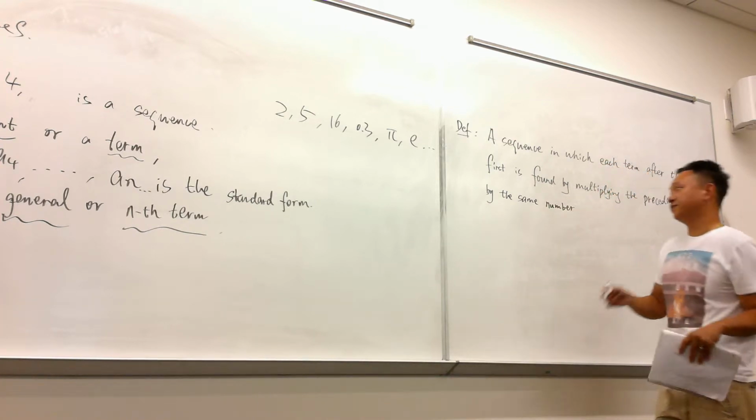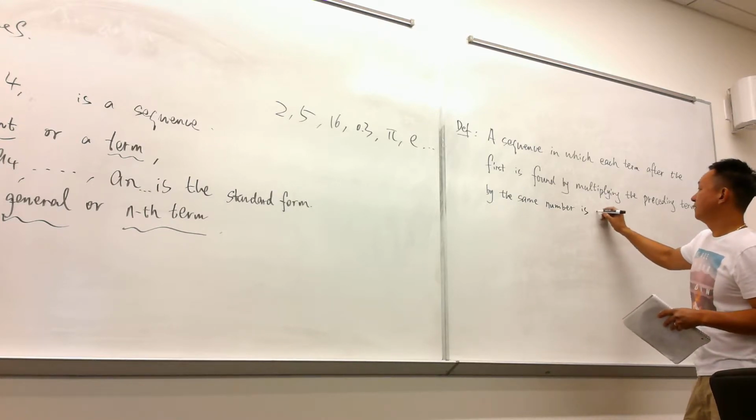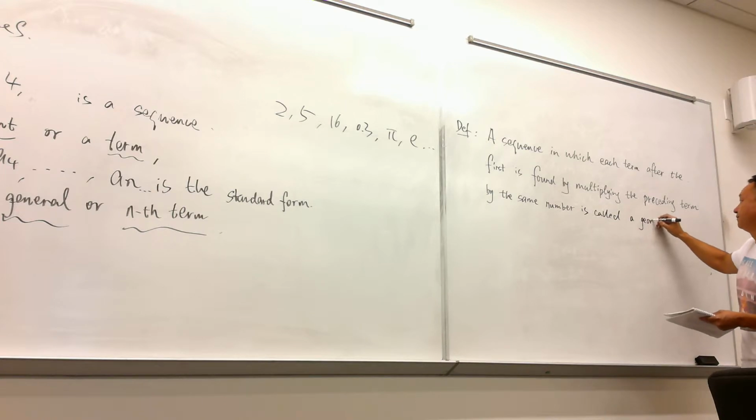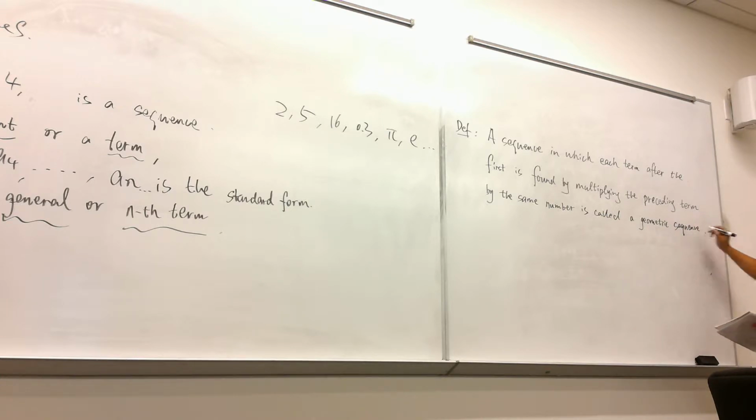And if a sequence is formed this way, then it is called a geometric sequence. So this is the official definition of what a geometric sequence is.